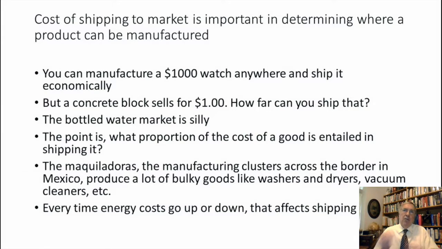It would be a little more economical to make them in the U.S. again. On the other hand, if the price of energy keeps going down, particularly the price of oil, then it's now more economical to maybe make something in Africa or South America and ship it to the United States. So it's very geographical.